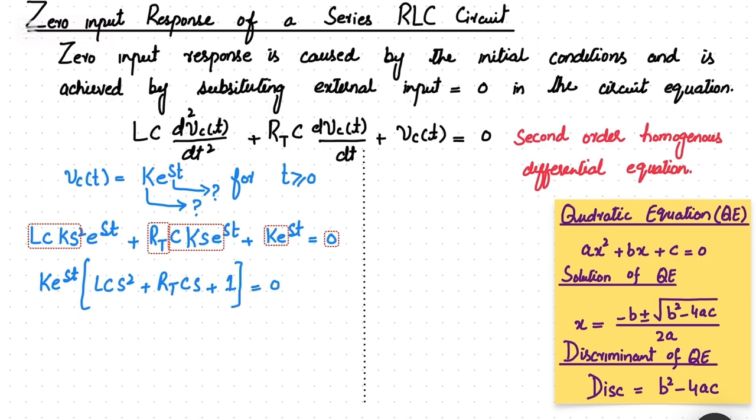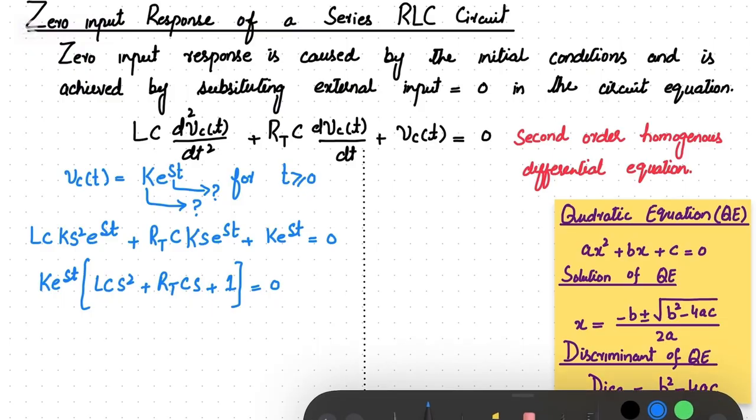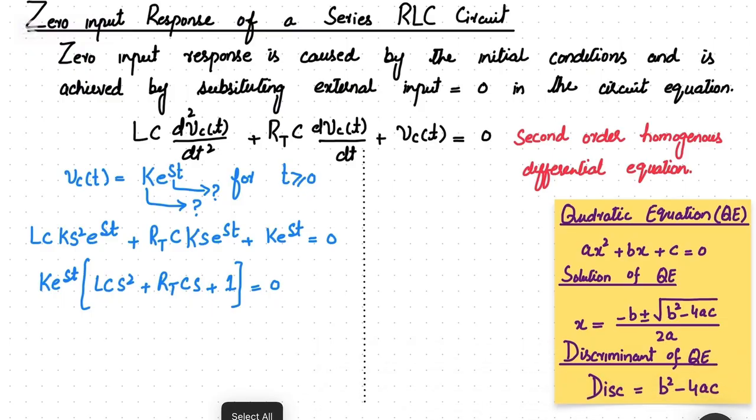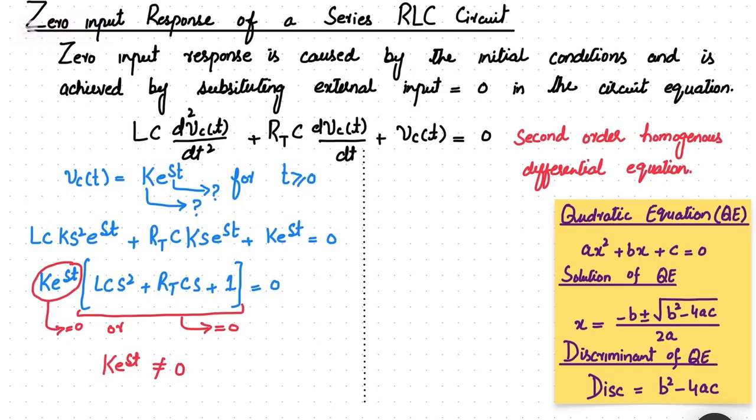equal to 0. If we focus on this equation, it means in order to satisfy this equation, either this thing should be equal to 0 or this factor should be equal to 0. And we know that k into e raised to power st cannot be equal to 0. Why can it not be equal to 0?